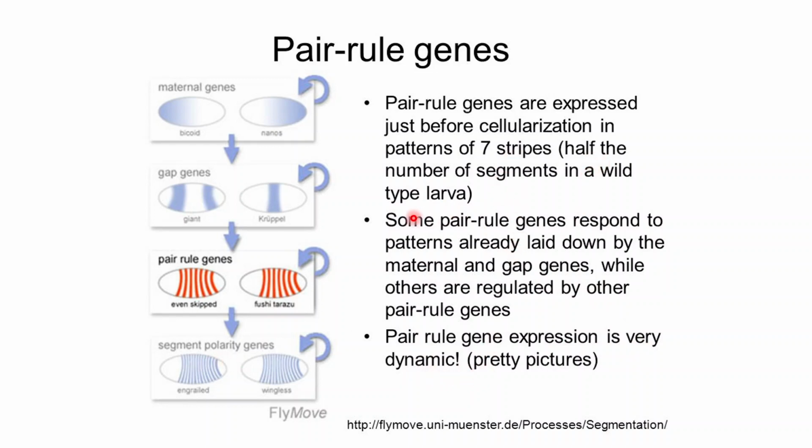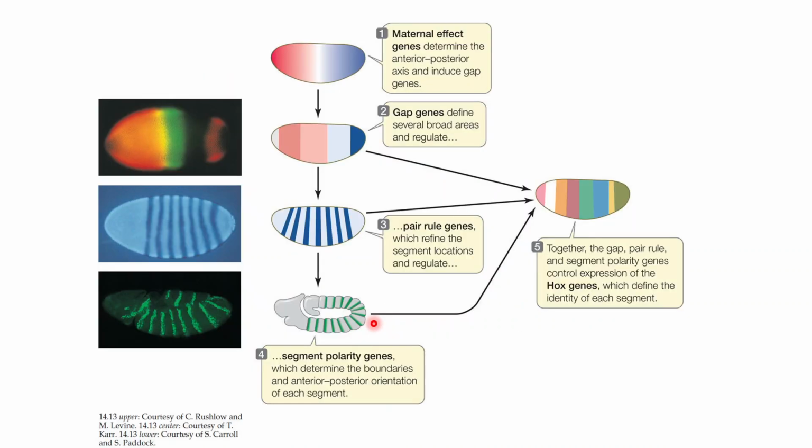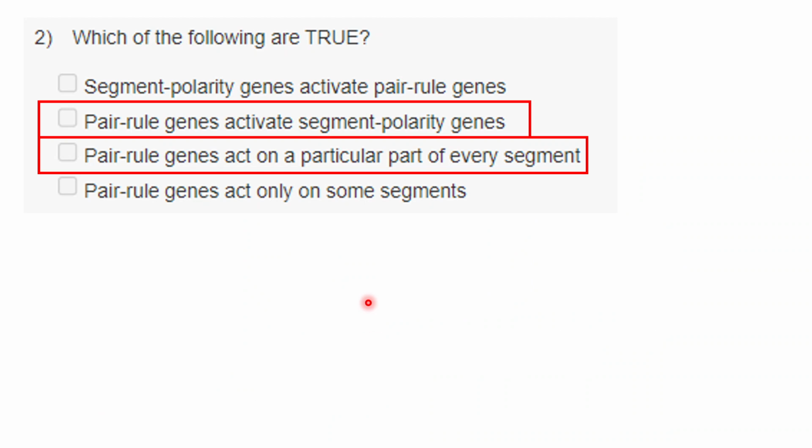So if there are a total of 14 stripes, pair rule genes will express in every alternate stripe. Here is an example. Even skipped and Fushitarazu are two pair rule genes which express in alternate stripes. And these are turned on by maternal genes, gap genes. So that's why the third option will be correct.